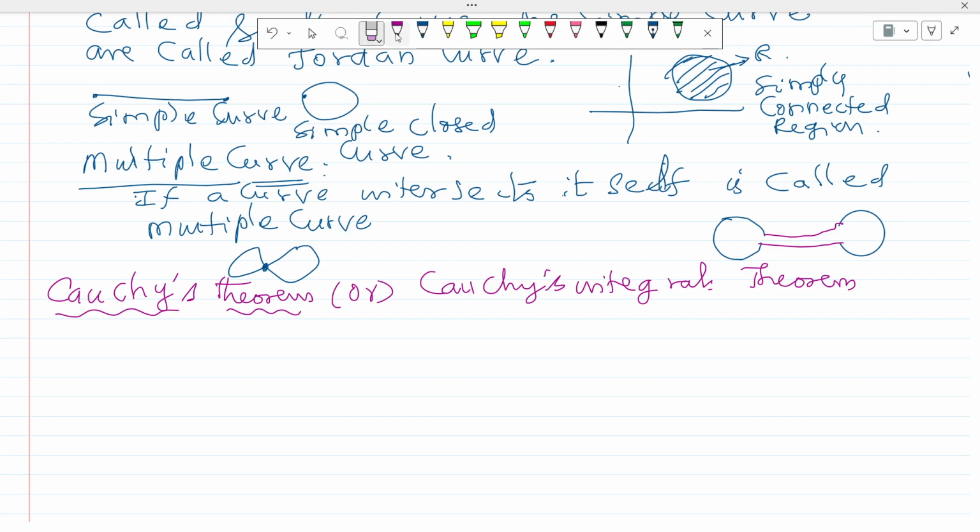Okay, fine. So how to define the Cauchy theorem or Cauchy integral theorem? Write the statement for this.